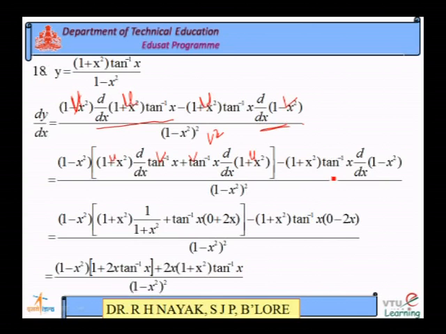Differentiation of 1 minus x square I have written as it is, then 1 plus x square into differentiation of tan inverse x.